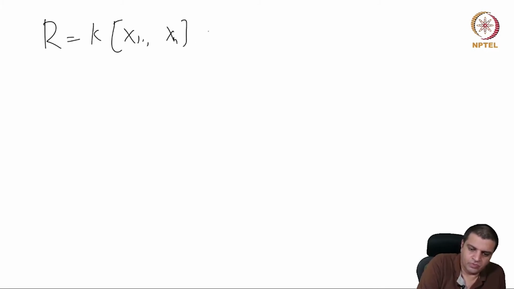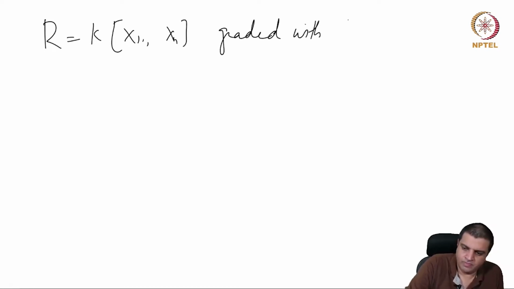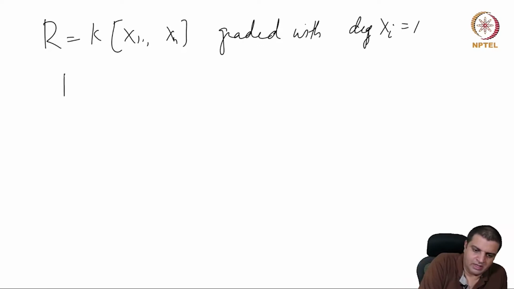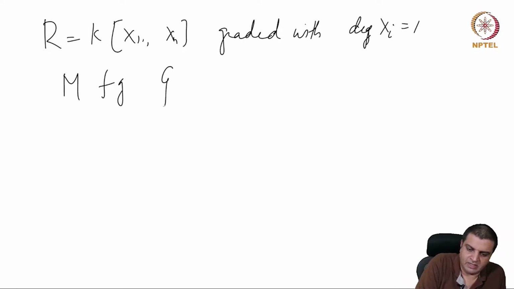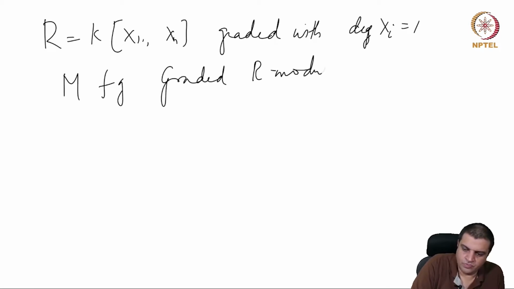Okay, so we'll again work with polynomial rings graded with degree of x_i equals 1, and M is a finitely generated graded R-module.